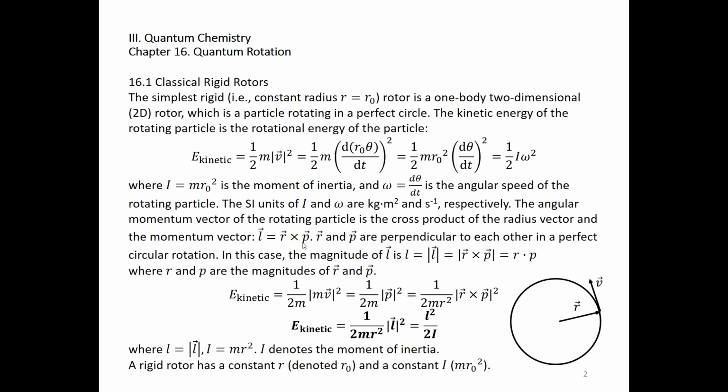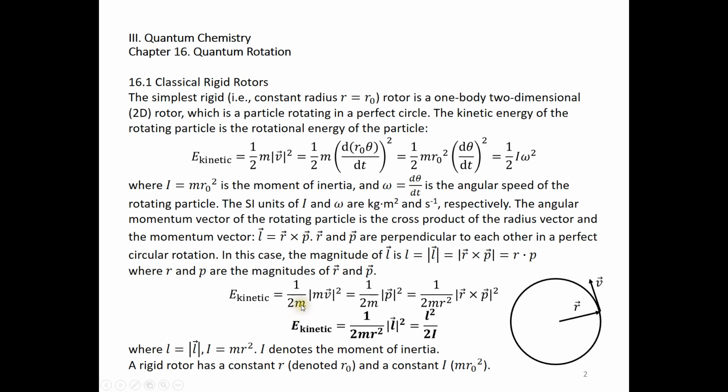In a perfect circular motion, r and p are always perpendicular to each other. In this case, L is simply r cross product p. Its magnitude is simply r times p. This r is the magnitude of the radius, and this p is the magnitude of the momentum.